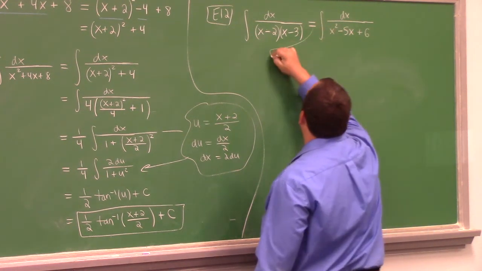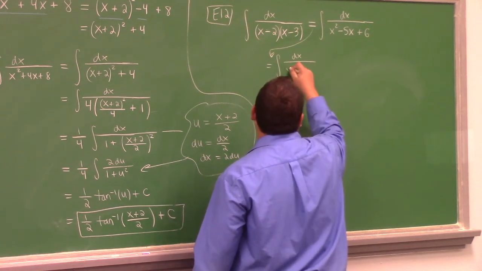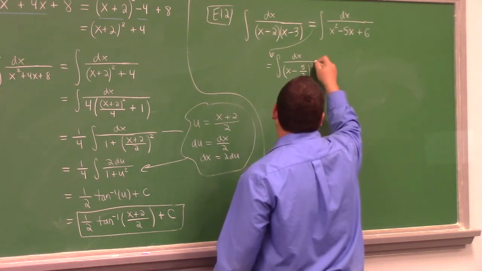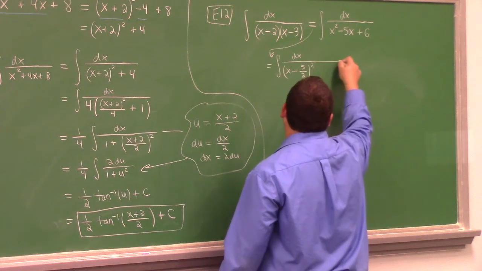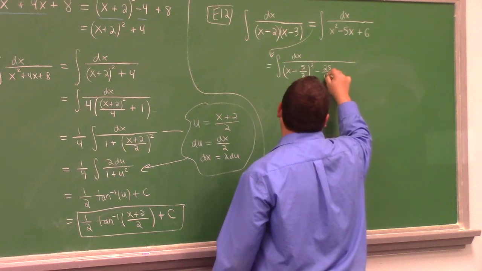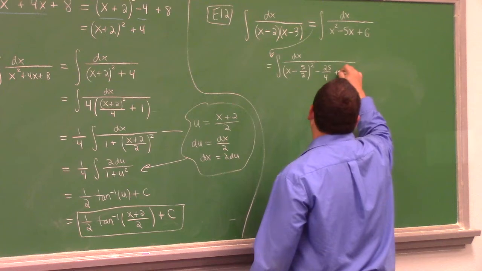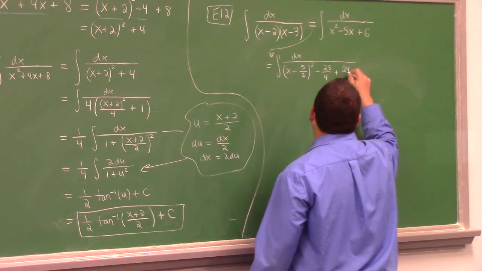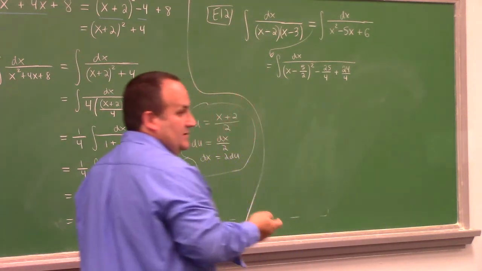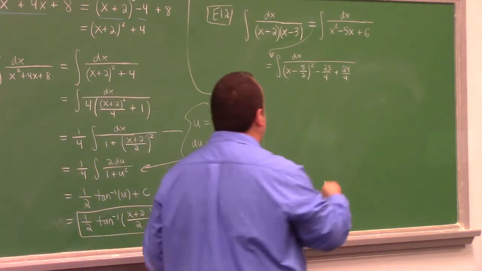If I complete the square on that, I get x minus 5 halves squared. So that means I have to subtract 25 over 4, right? And I still got the 6. How many fourths is 6? It is 24 fourths. Now that's actually kind of nice because you end up with a quarter, which is just half squared.